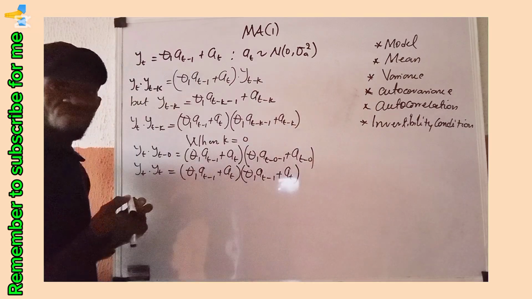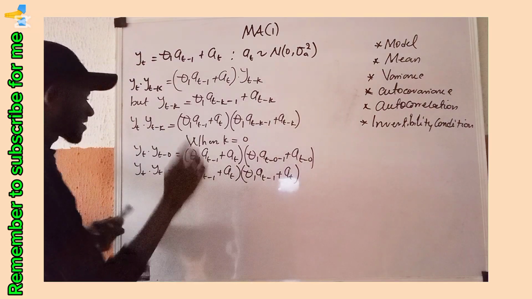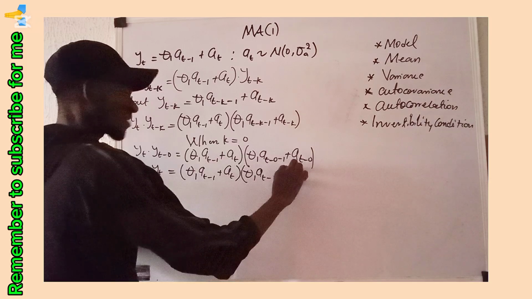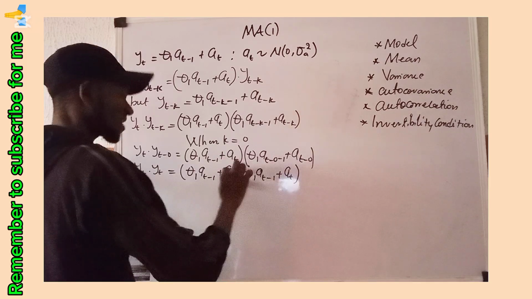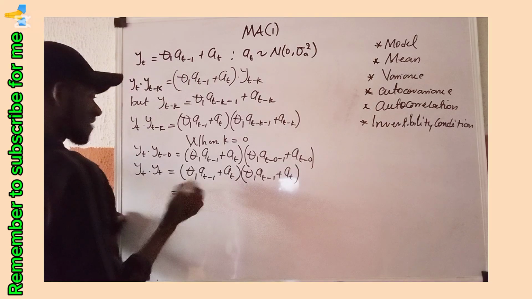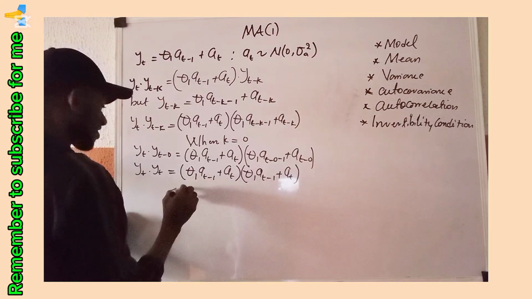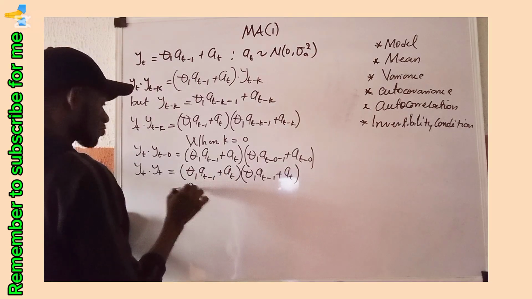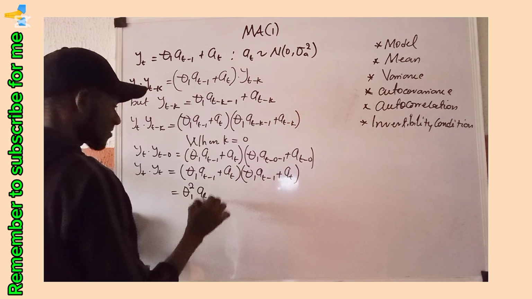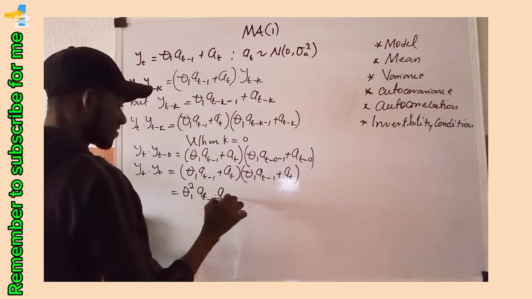Close the bracket. Then we expand the brackets: the first term goes over to each term in the second bracket. Theta 1 by theta 1 gives theta 1 all squared, then a of t minus 1 times a of t minus 1.